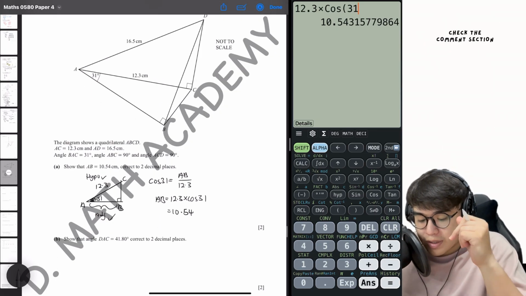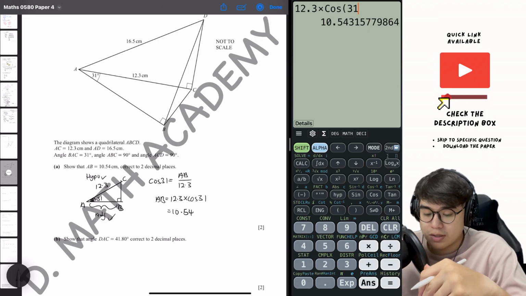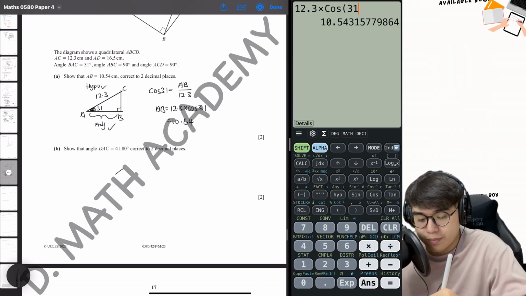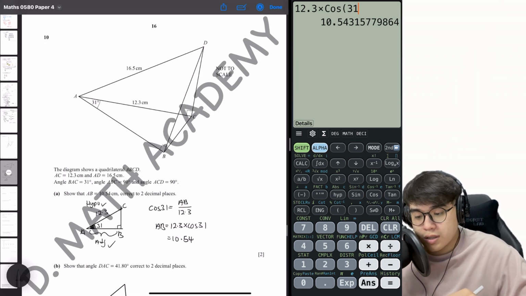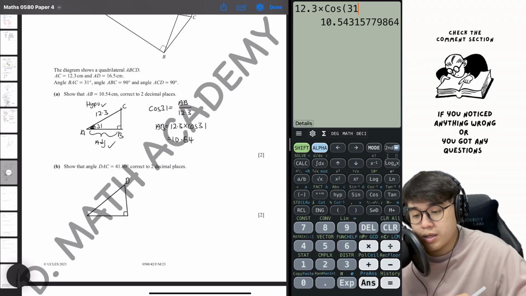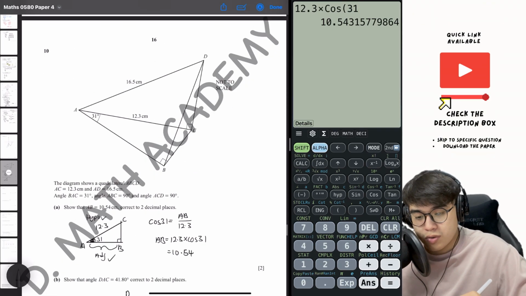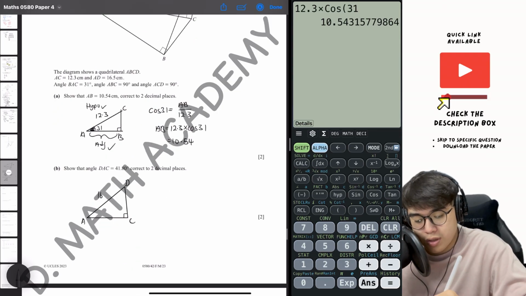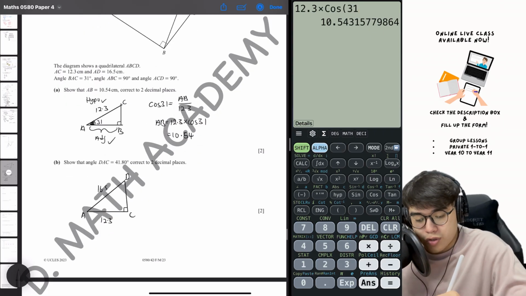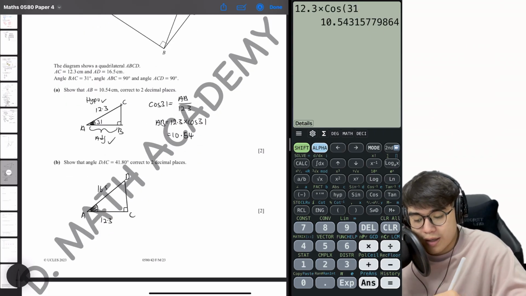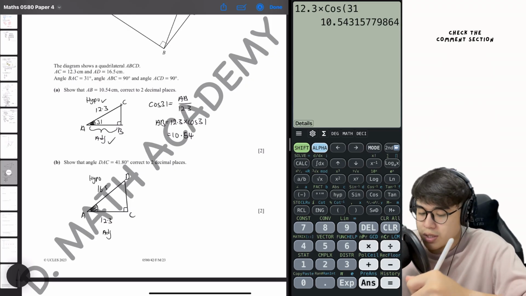Moving on to the next part, they want us to show angle DAC. It's the second triangle now at the top. Again a right angle here. DAC, 12.5, 12.3. To find this angle, again, they gave us the adjacent, and this is the hypotenuse.